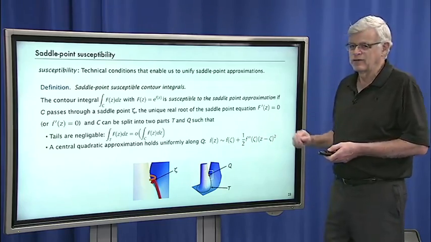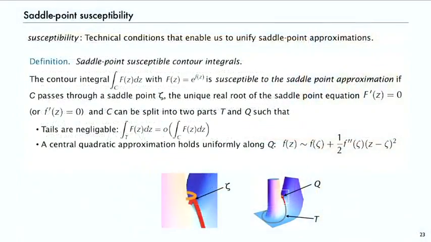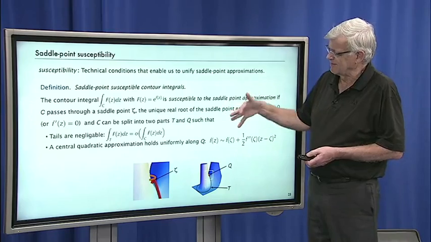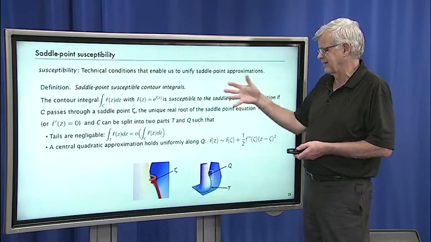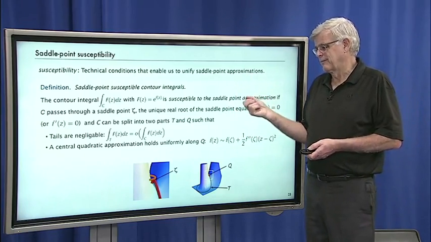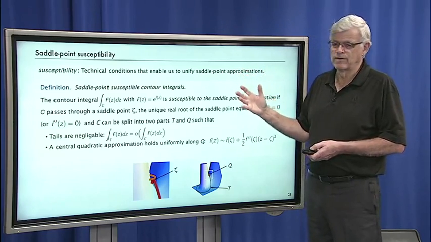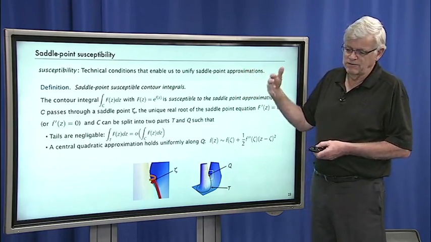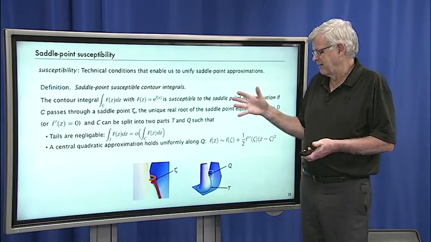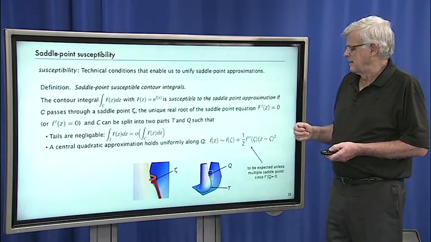That is, there's a quadratic approximation, just like we saw from an elementary analysis of what a saddle point is. So it doesn't have to be precisely a saddle point, but if it's near a saddle point, you have that quadratic approximation. Those are as general as we can make the conditions. And as with many of our transfer theorems that we considered earlier on for singularity analysis and other approaches, these technical conditions have to be checked.